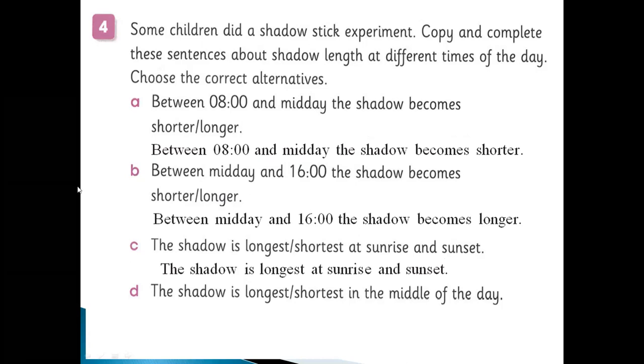If it's sunrise or sunset time, the shadow is longest, and shortest in the middle of the day. In the middle of the day, the sun is at the center. So at that time the shadow is shortest. So we write here the shadow is shortest in the middle of the day.